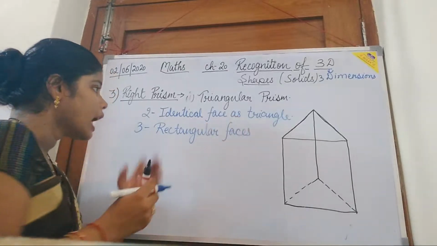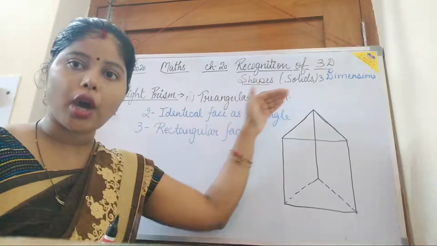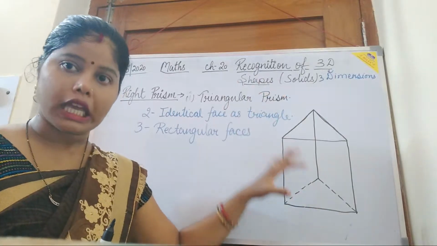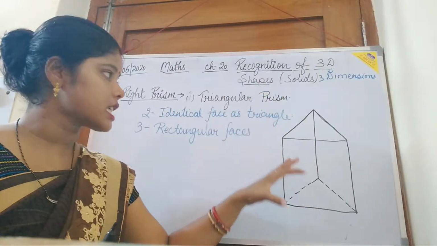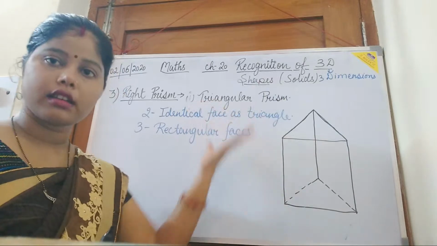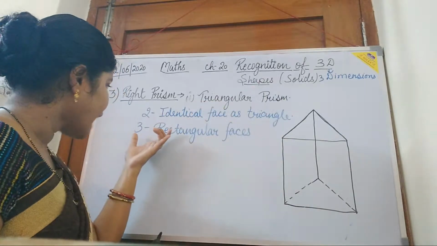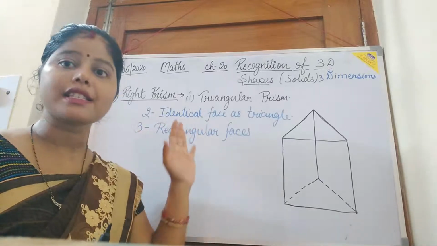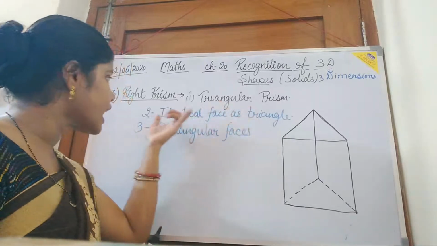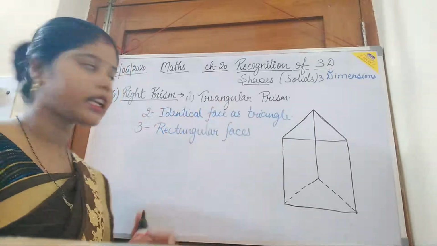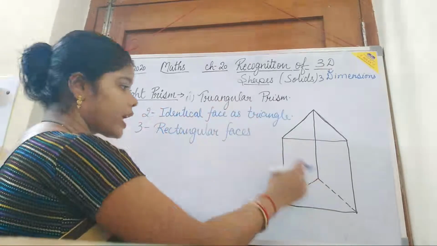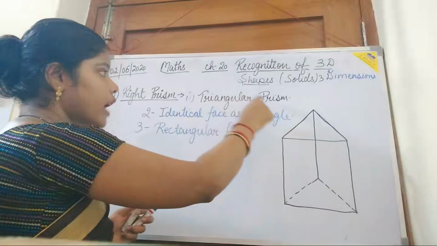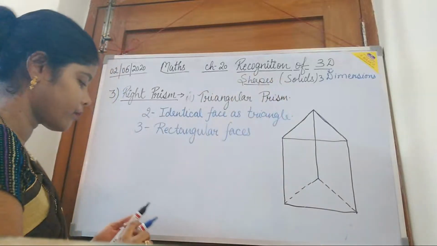So the identical faces are on the top and bottom. It means these two faces are the bases of the prism, and the other three are rectangular faces. So it is a right prism, but its name is based on its identical face. Here the identical face is a triangle, so you can call it a triangular prism.